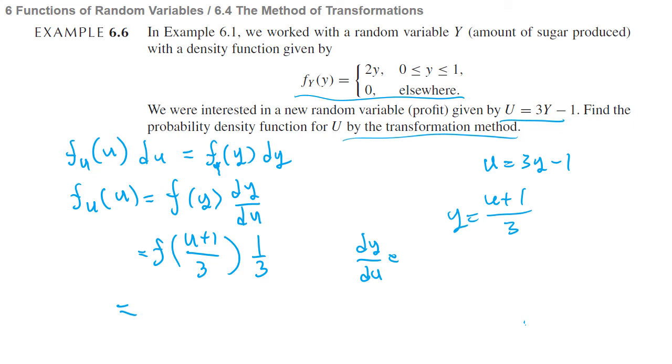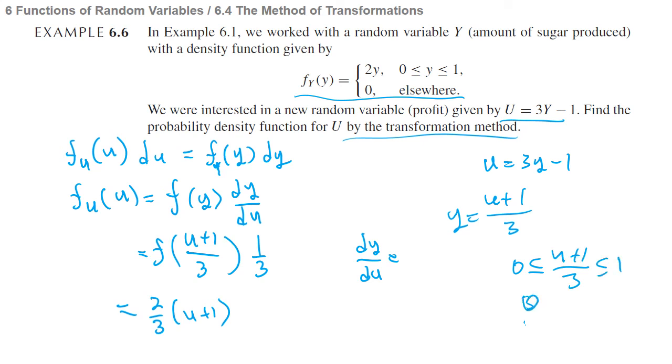And so this is f_Y, 2y, it is 2 over 3 (u plus 1), and 0 less than or equal to (u plus 1) over 3 less than or equal to 1.